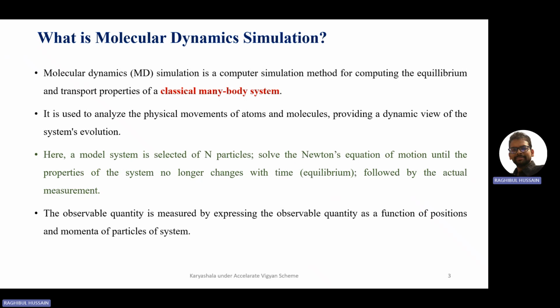Clear? So that's the first limitation. Whenever we have to go to bond breaking or bond formation phenomena, although some newer mixed algorithms are there, their validity is still debatable.